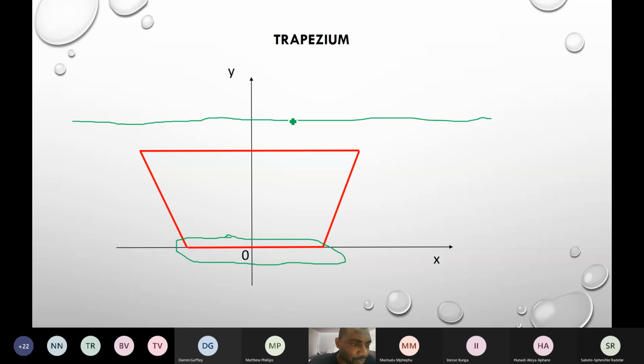So the second option that we have, I'm going to see if I can do a quick sketch. So this is your y-axis, this is your x-axis.